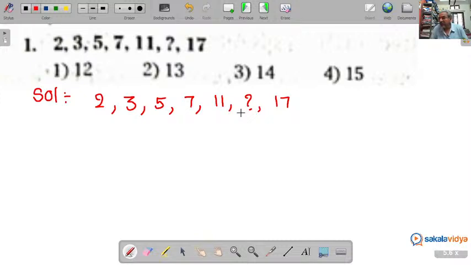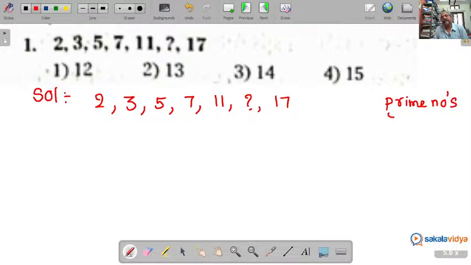We need to find the question mark. Can you find any pattern among these given numbers? Generally, the first priority in number series should be given to prime numbers.